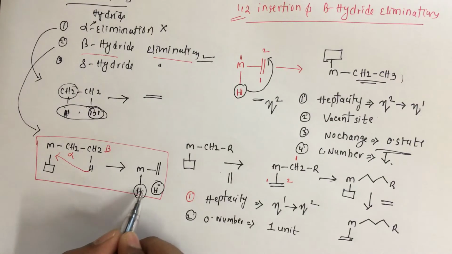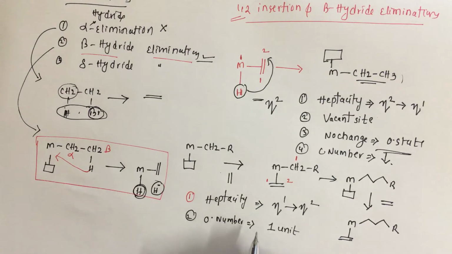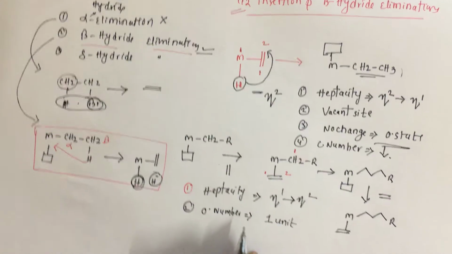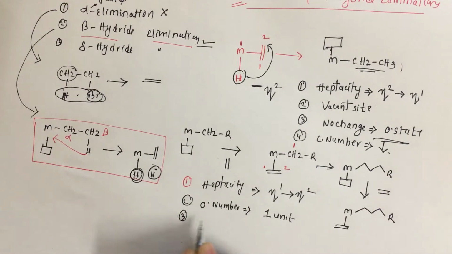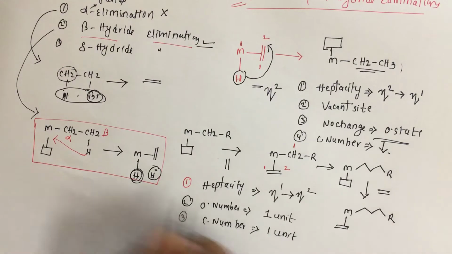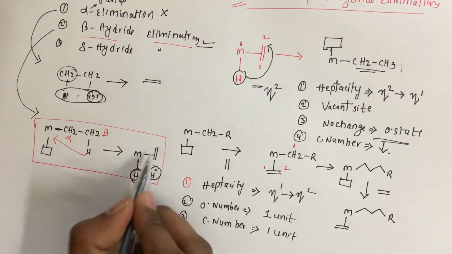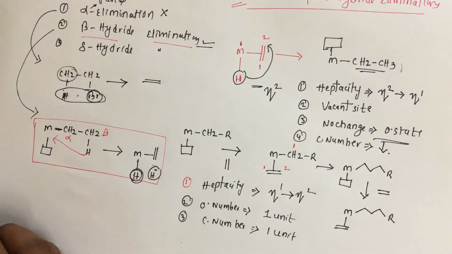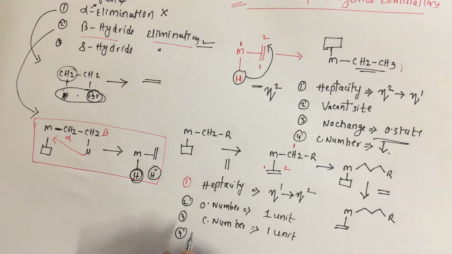Similarly, the coordination number increases by 1 unit. Here only one coordination is there, and here we can see 2. Next, an important point is that beta-hydride elimination is the opposite of 1,2 insertion.